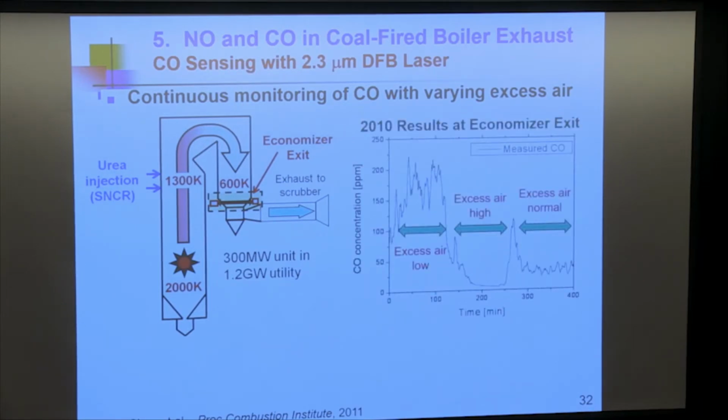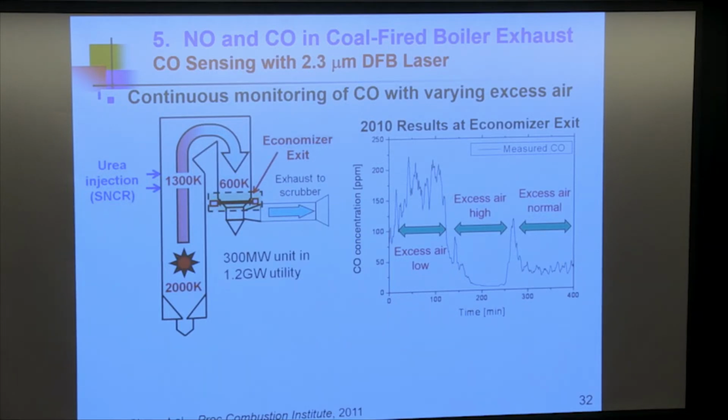And this was the work on the CO. What they really want to do is measure the CO, because you'd like it to be low, but you can't afford to put in too much oxygen to drive it down, and the efficiency of the power plant goes up. Anyway, we showed that we could measure this as a function of time.